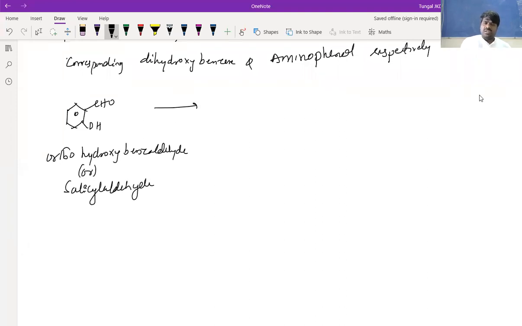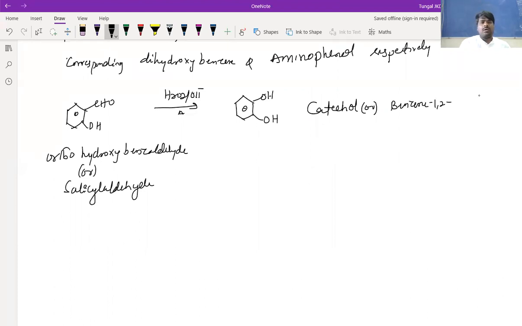If I treat this with H2O2 in a basic medium, it will be converted into catechol, also called benzene 1,2-diol, or 1,2-dihydroxybenzene.